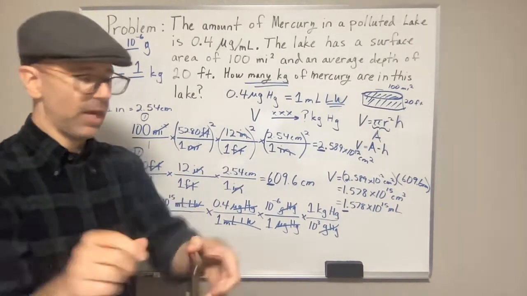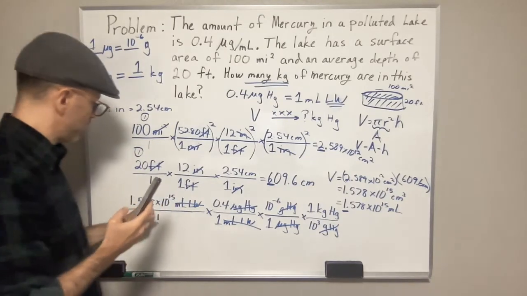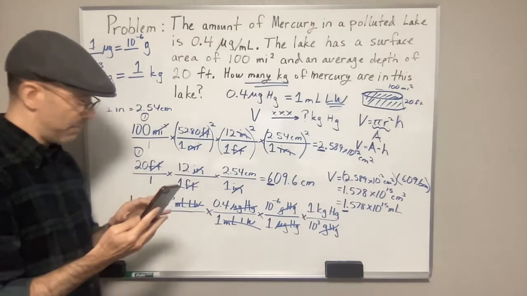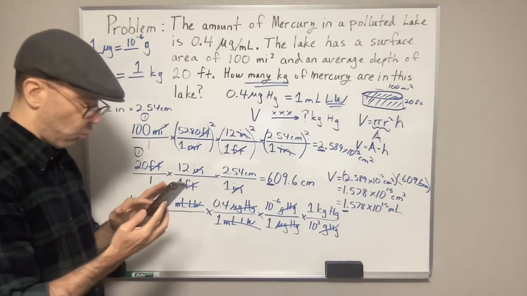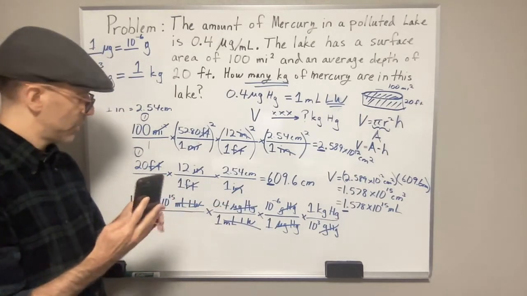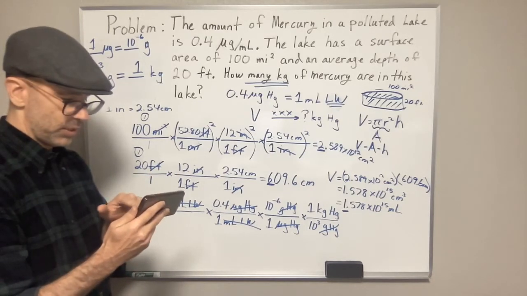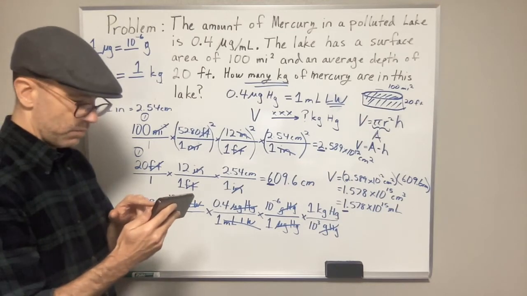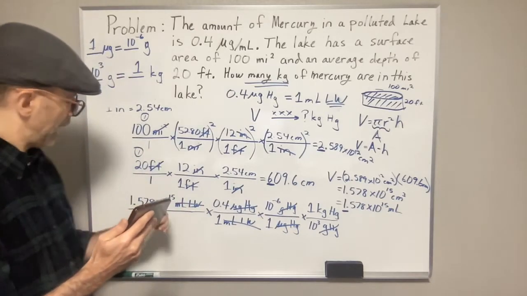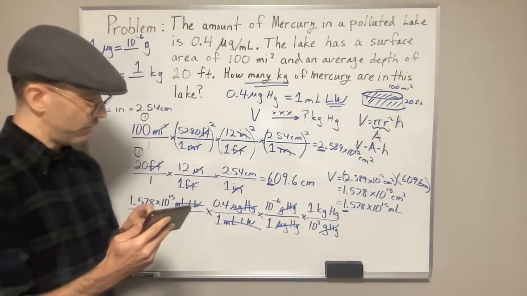So let's calculate the answer. So here we go. So I have this many milliliters. So this number multiplied by 0.4. And then I'm going to multiply that by 10 to the 6. And then multiply that by 1, but that's not going to do anything. Okay, now I'm going to divide by the bottom. Divide by 1, divide by 1,000, 10 to 3.